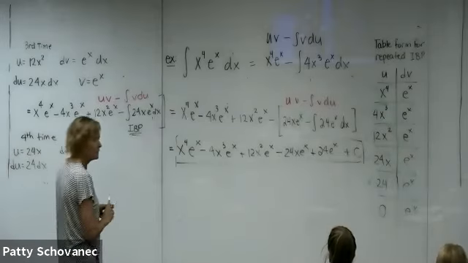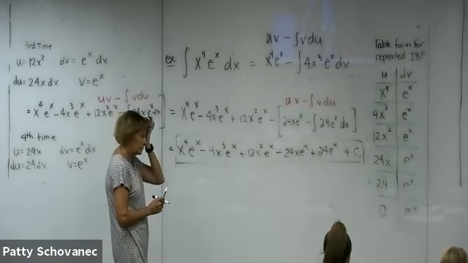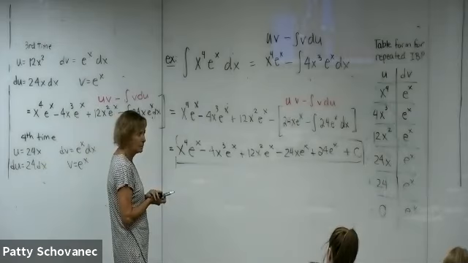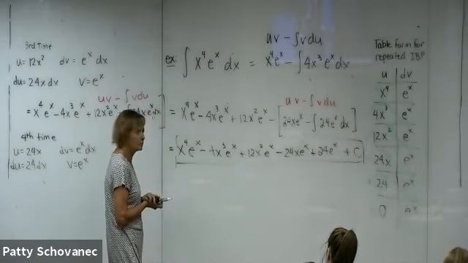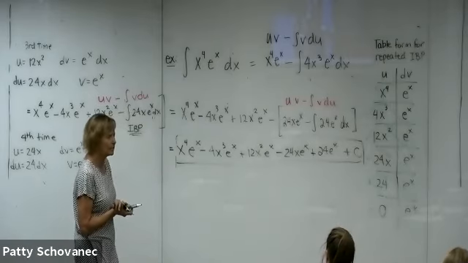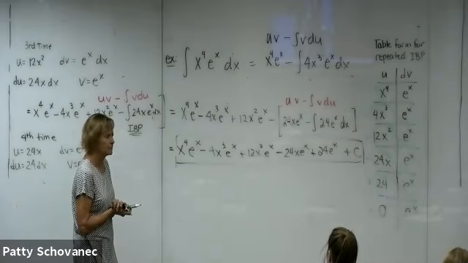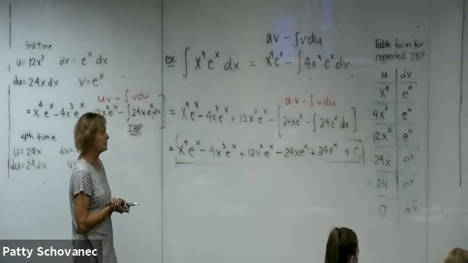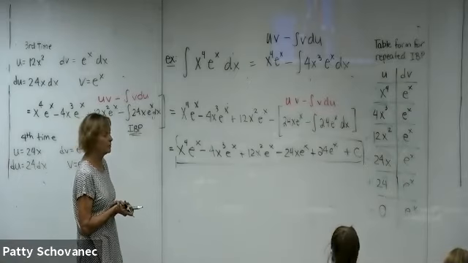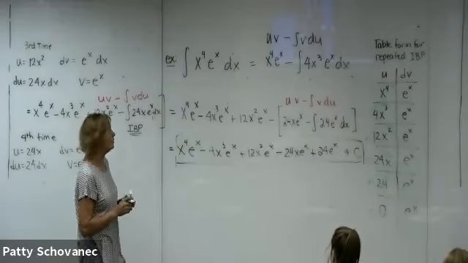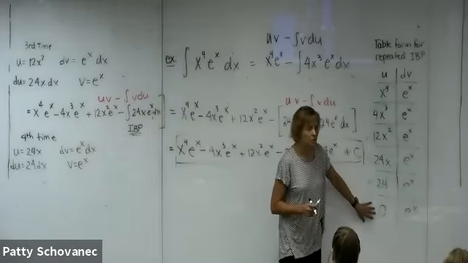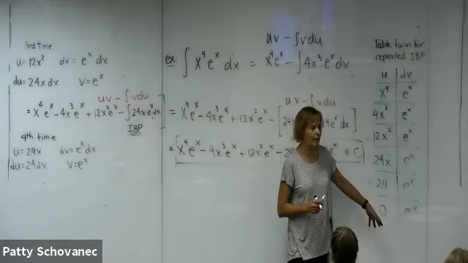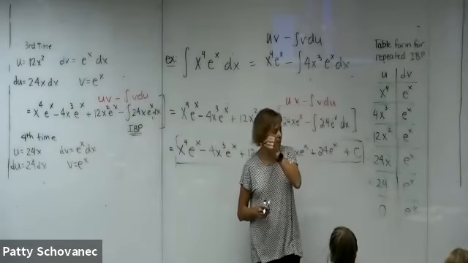You've got to have something whose derivatives vanish. You can't use this on things that have a derivative that's non-zero.